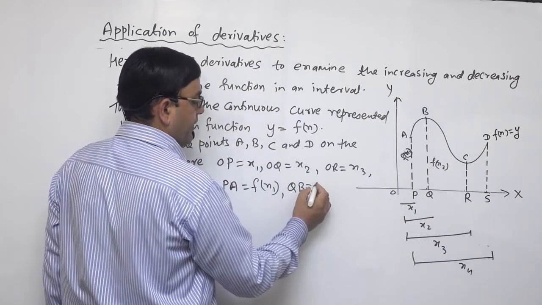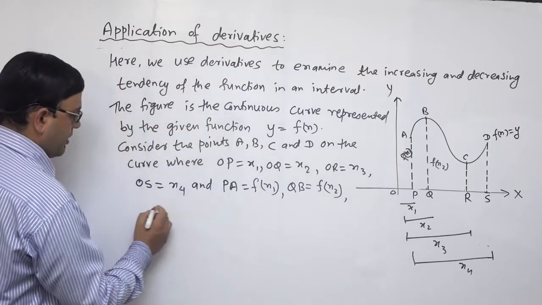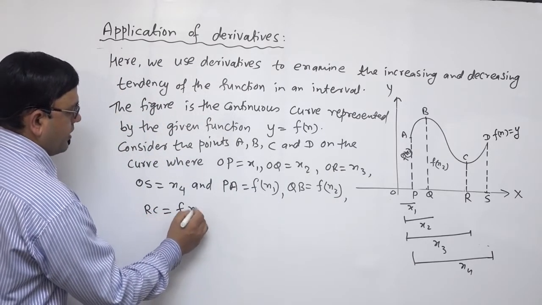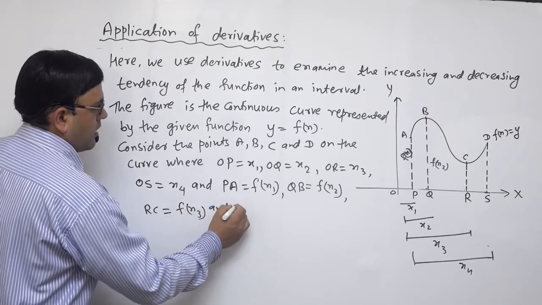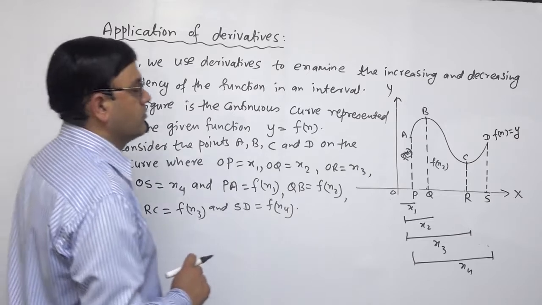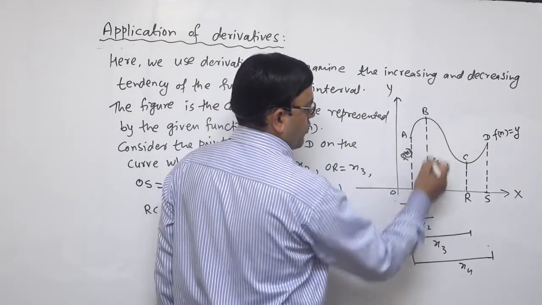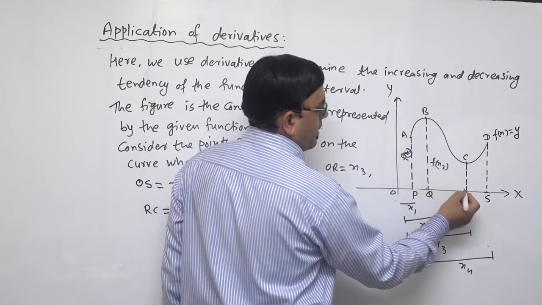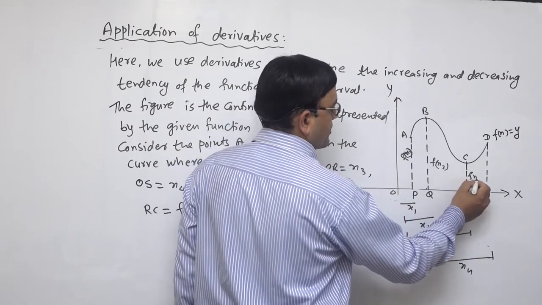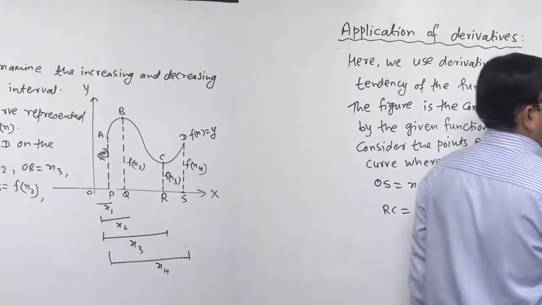This is also y. Similarly, RC is equal to fx3 and SD is equal to fx4. Here, this one is x and this one is y. OR is x3, and this one, fx3, is y. This one is fx4, this one is also y.